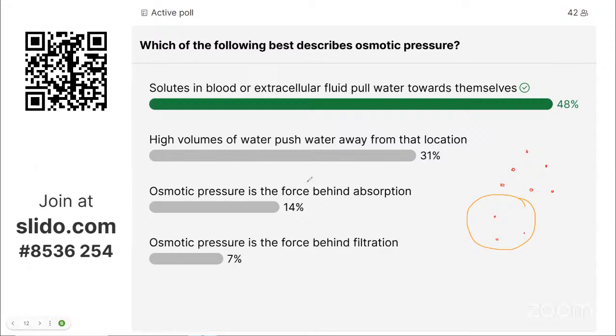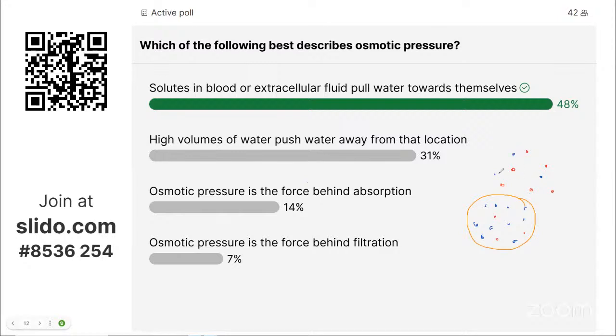So we're always going to have kind of an inverse relationship between the number of solutes and the amount of water. So here inside the cell where we have, in this example, relatively few solutes dissolved, we're going to have more water. Okay. So here are my waters. Okay. And outside the cell, where we have more solute, in this example, we're going to have less water.